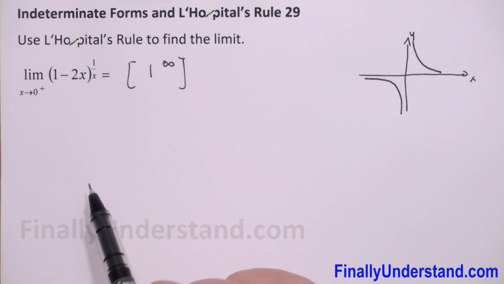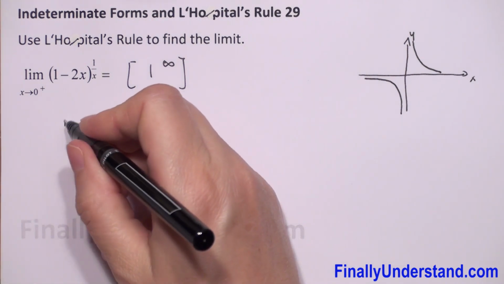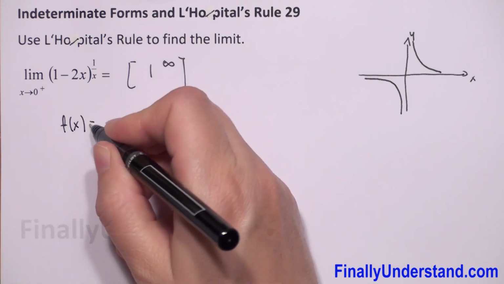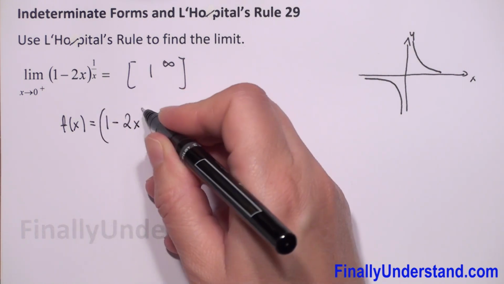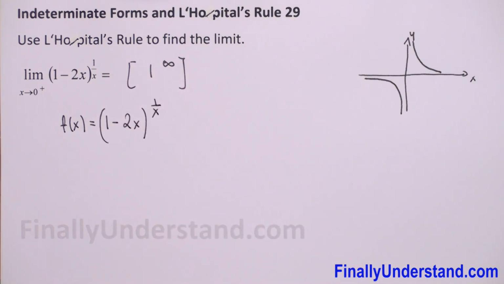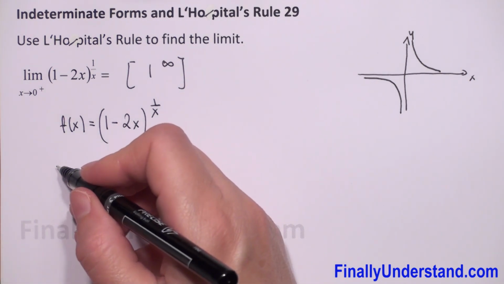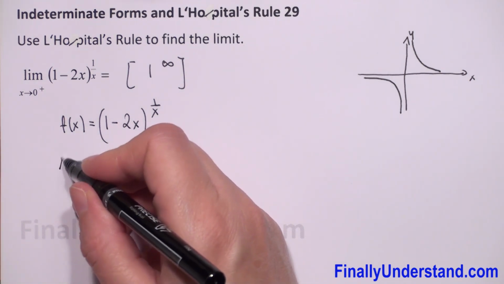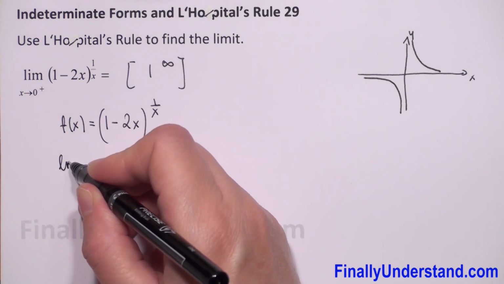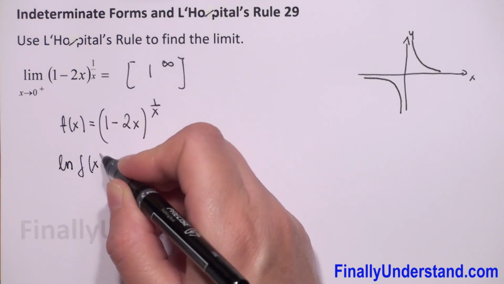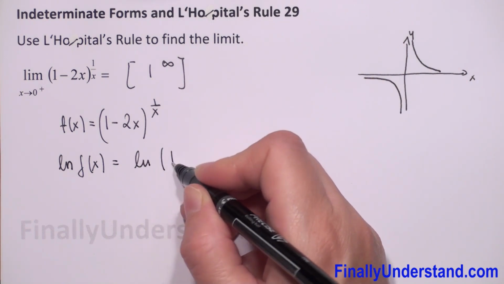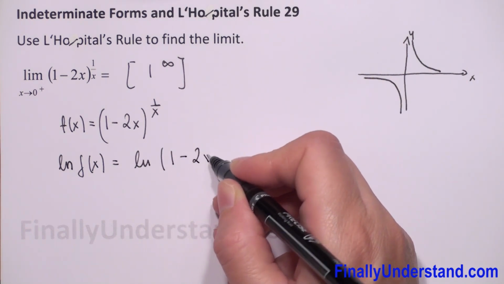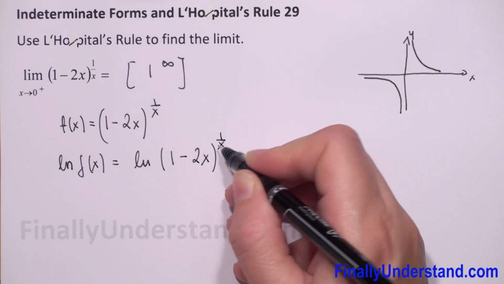It means first, let me put f of x equals (1 minus 2x) to the power 1 over x. Now I will take the natural logarithm of both sides, so we will have natural logarithm of f of x equals natural logarithm of (1 minus 2x) to the power 1 over x.